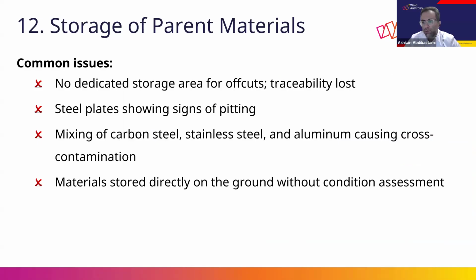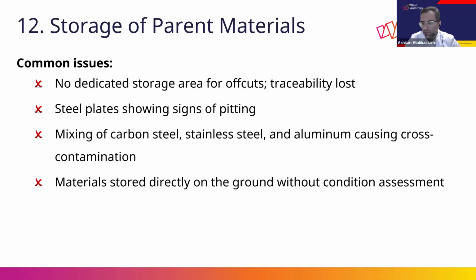Common issues here include no dedicated storage area for offcuts, resulting in lost traceability. Steel plates often show signs of pitting, and mixing of carbon steel, stainless steel, and aluminum alloys results in cross-contamination. So we verify your storage condition during the site visit to make sure you are complying with the requirement of this clause.